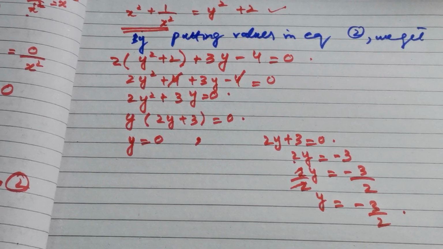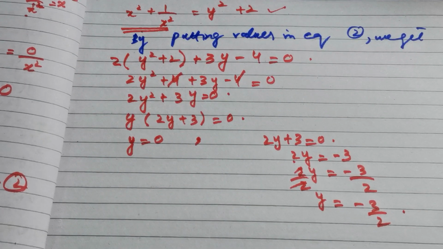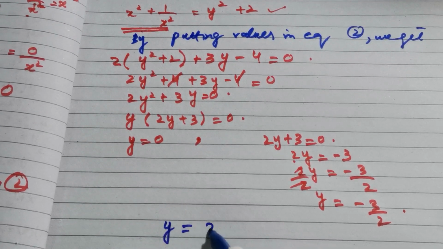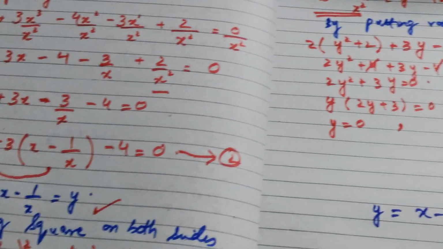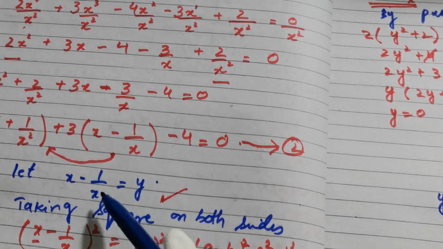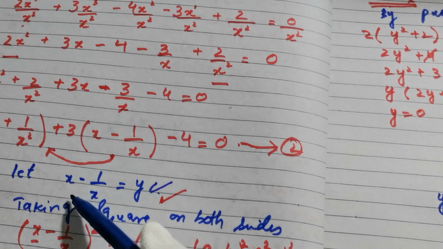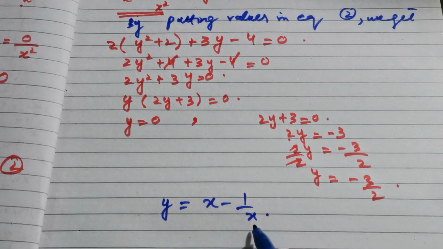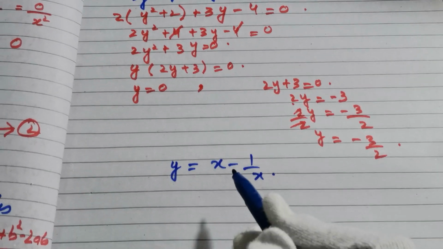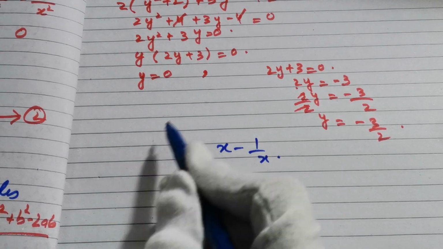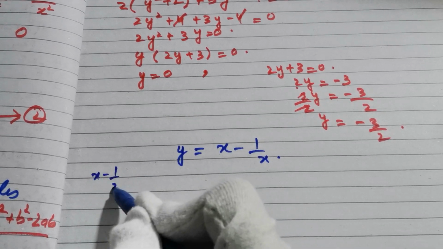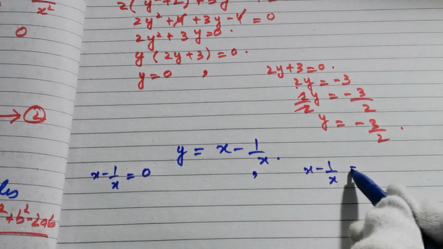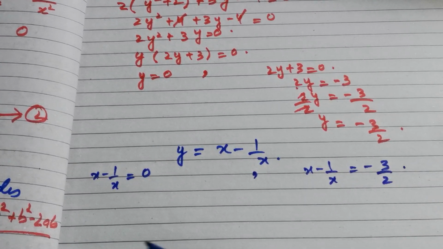But the question is in the form of x, so we consider again y is equal to x minus 1 by x. We suppose this term and now we go back to it. Put the value y is equal to x minus 1 by x. So first of all we take x minus 1 by x is equal to 0. Next we take x minus 1 by x is equal to minus 3 by 2.